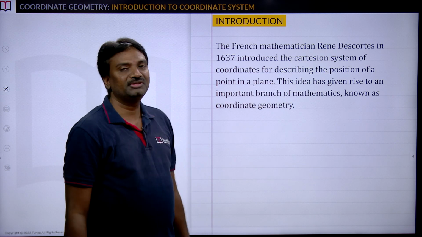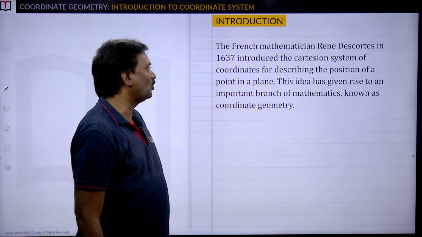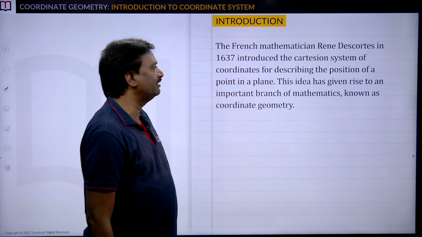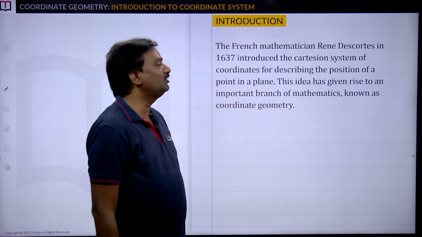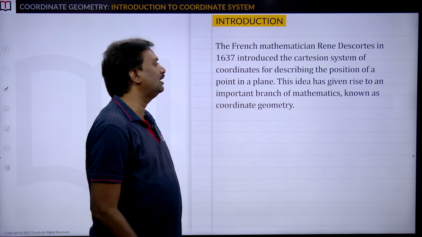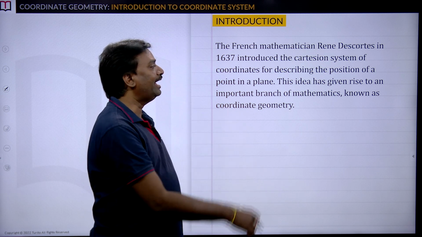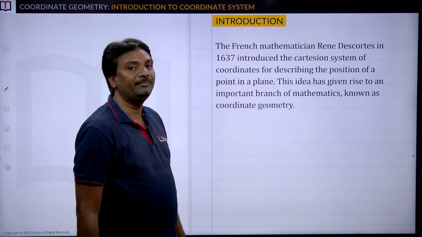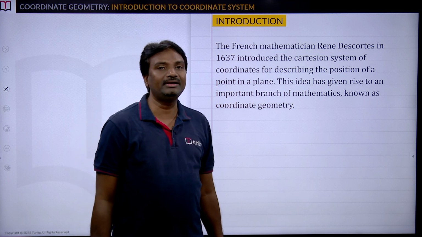Now let us take the introduction part. The French mathematician René Descartes in 1637 introduced the Cartesian system of coordinates for describing the position of a point in a plane. This idea has given rise to an important branch of mathematics known as coordinate geometry.